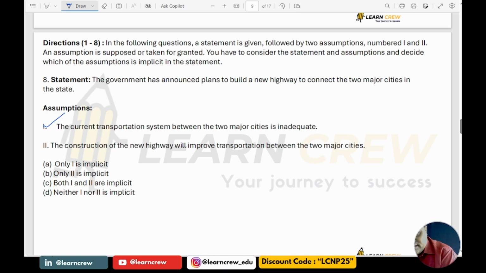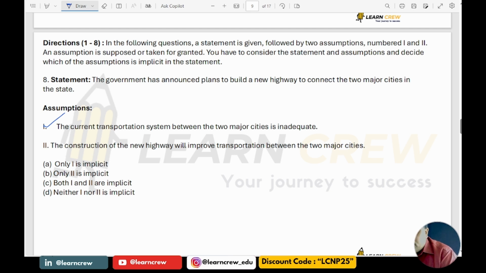Assumption 2 states that the construction of a new highway will improve transportation between the 2 major cities. Actually, it is not implicit. The statement only mentions the plans to build the new highway, not necessarily that it will improve transportation.